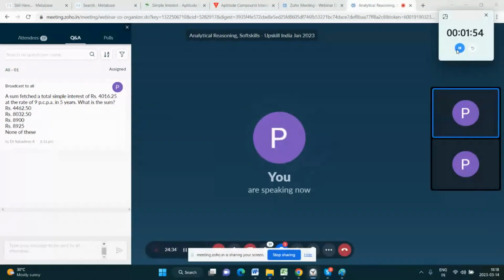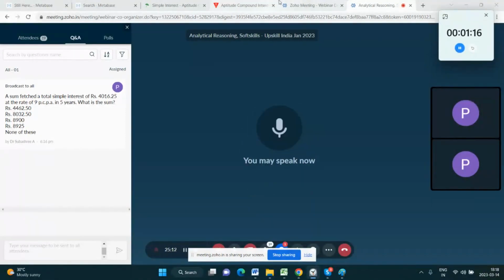How much did they deposit, so that in 5 years at 9% per annum the interest will be 4016.25? Can somebody work on this, please? Tell me the answer.